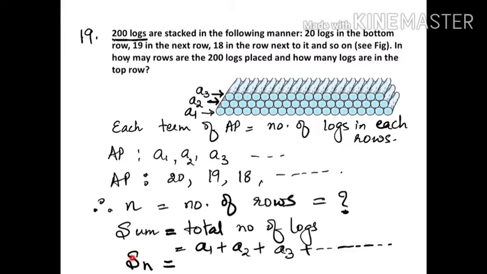Then the sum of n terms of this AP is given as 200. Now we have represented each term of the AP as the number of logs, so the last row will be an, and we have to find an. So let's write this AP.